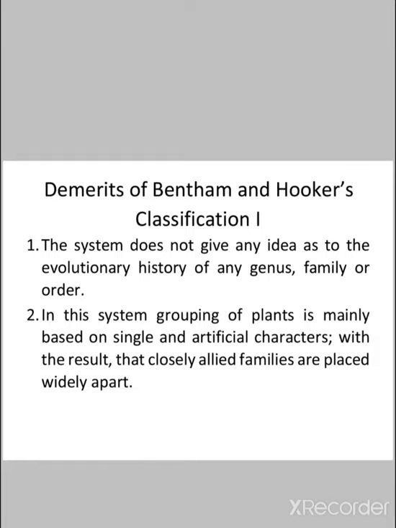Now we discuss some demerits of Bentham and Hooker's classification. The system does not give any idea as to the evolutionary history of any genus, family, or order. In this system, grouping of plants is mainly based on single and artificial characters, with the result that closely allied families are placed widely apart.